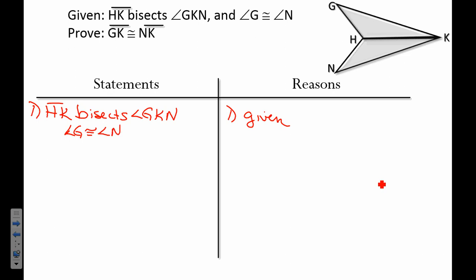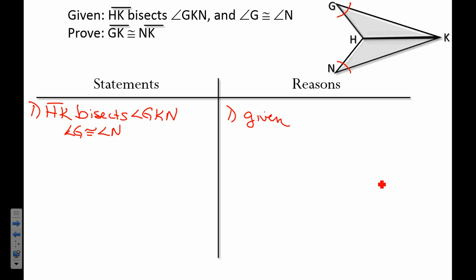So I've got my givens written down. Next step is always, always, always to mark up your drawing. G is congruent to N. Here's angle G, here's angle N. Make your arcs. Then ask yourself, what else does the given mean?